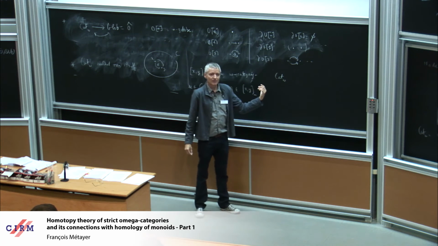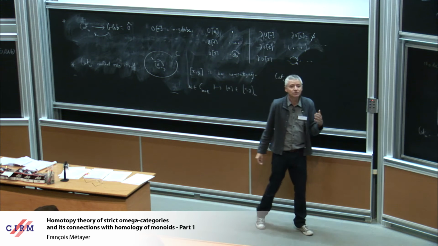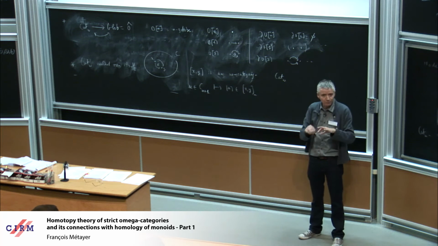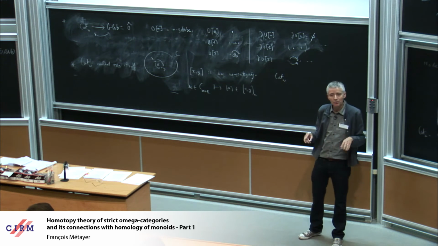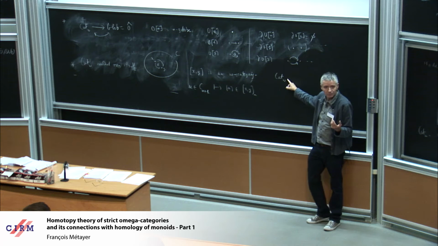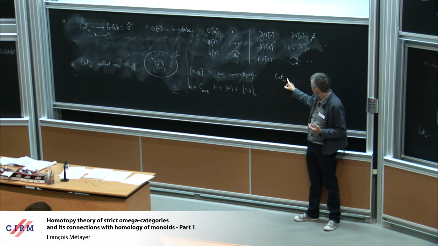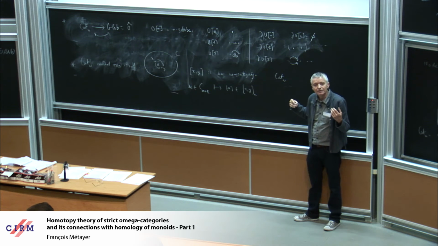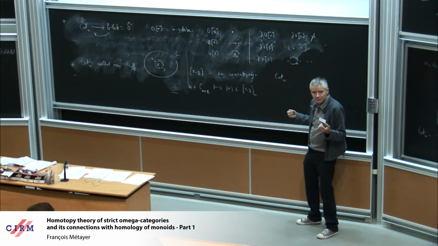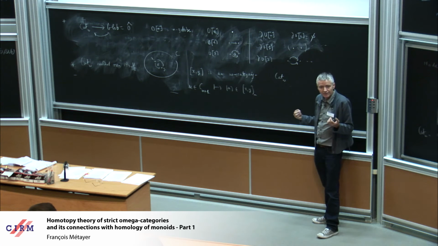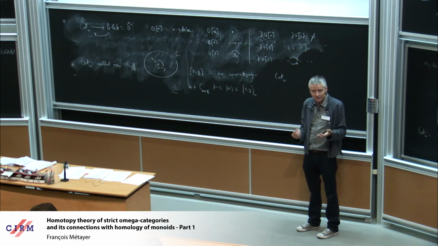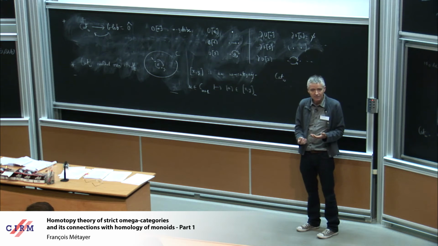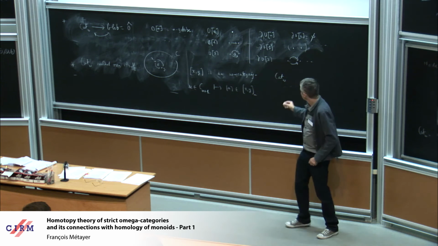Cat omega is, well, the monoidal structure is simply the Cartesian product here. Okay, so with Cartesian product, you get a monoidal structure on omega cat, and so you can consider categories enriched in omega cat, and it's a fixed point. It's a fixed point.